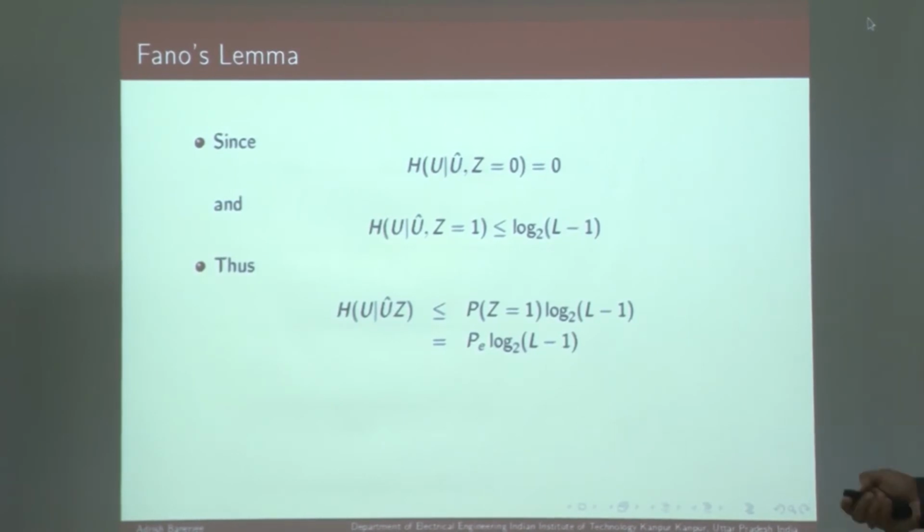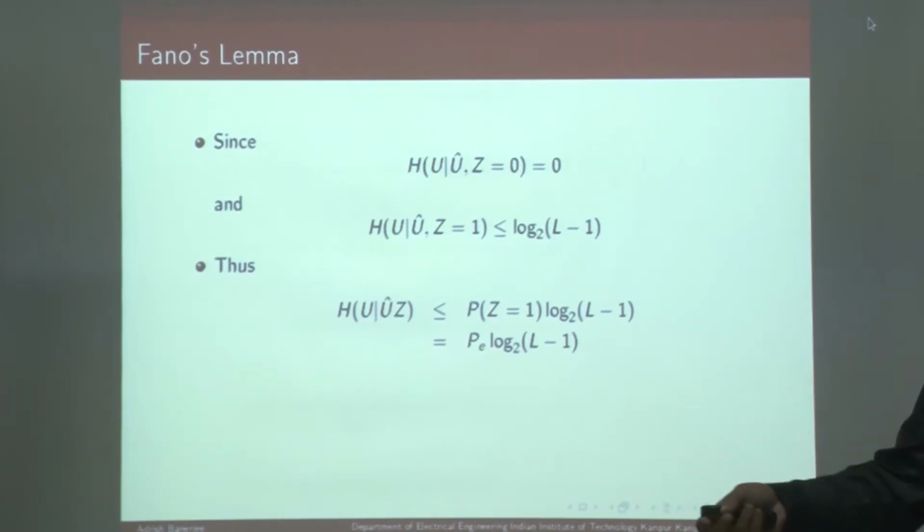Now, we know this, we can compute uncertainty in U given U hat Z, which is nothing but probability of Z equal to 0 multiplied by this, which will be 0 because this is 0, plus probability of Z equal to 1 multiplied by this. Now, what is the probability of Z equal to 1? Z equal to 1 meaning there is an error, that is probability of error, so that will be P.